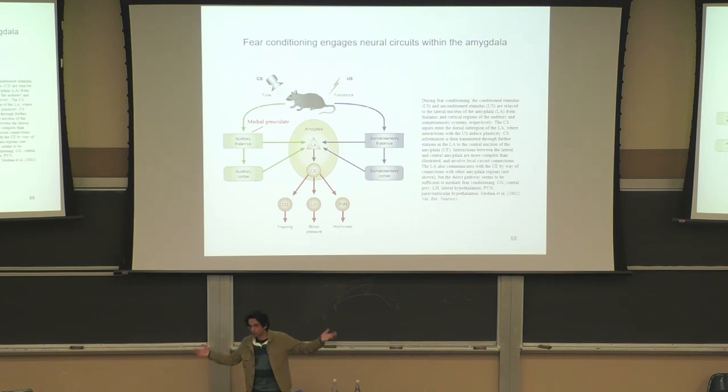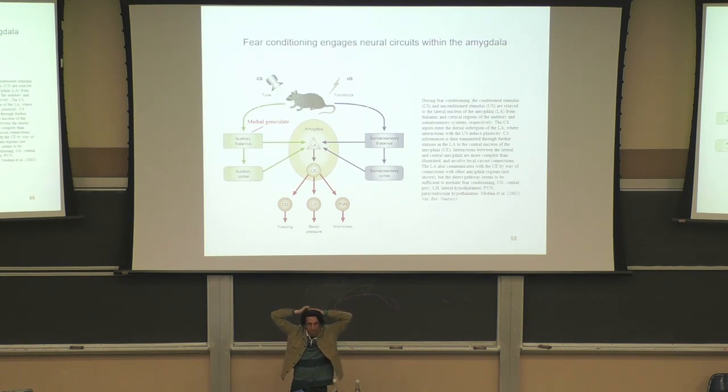But when the shock is paired to the auditory tone, then you get that situation where we had the associativity LTP diagram, where we had one strong input and one weak input, and the weak input gets strengthened if it happens simultaneously to the strong input. And that's kind of what's happening here. You have this strong shock input, you have this weak auditory input at the same time.